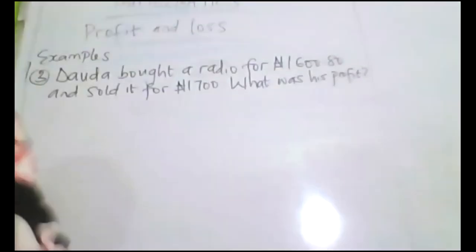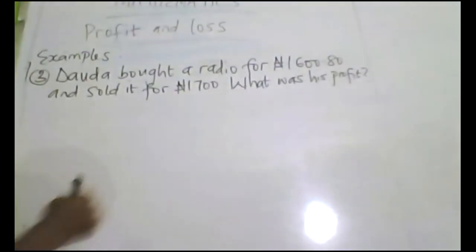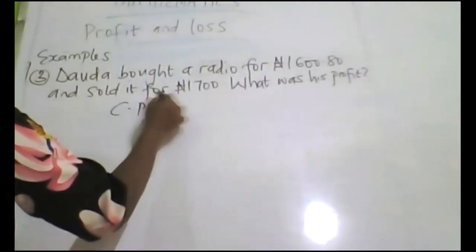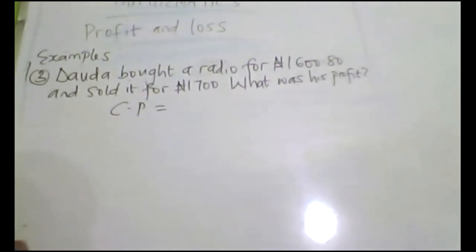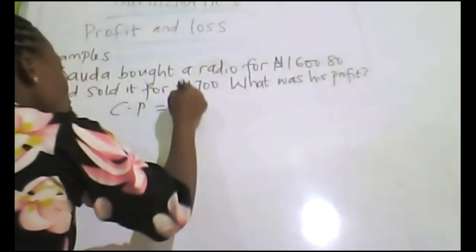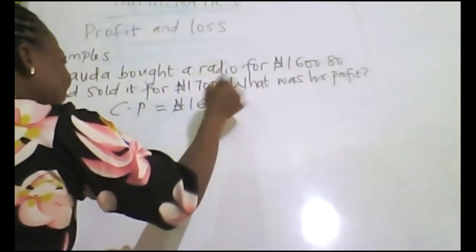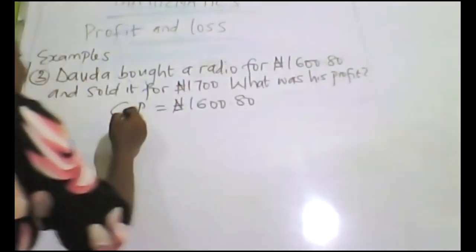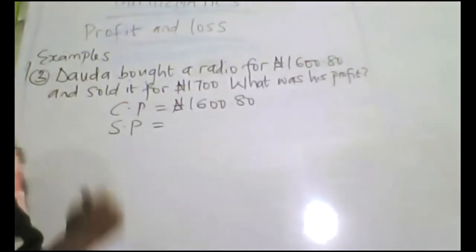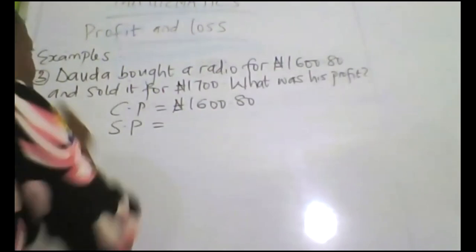The first thing is to look for the cost price. The cost price is the amount he bought it for. How much did he buy it? 1,600 naira, 80 kobo. The selling price is the amount he sold it for. How much did he sell it?